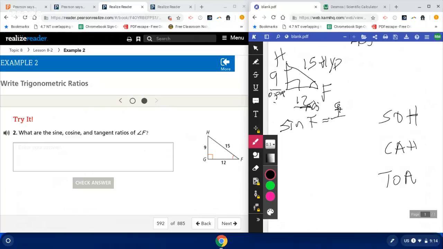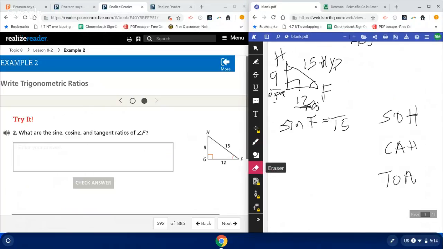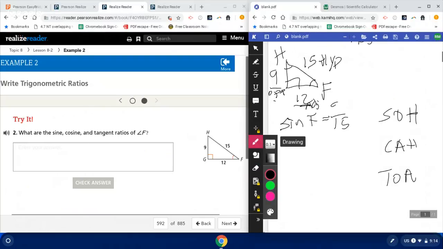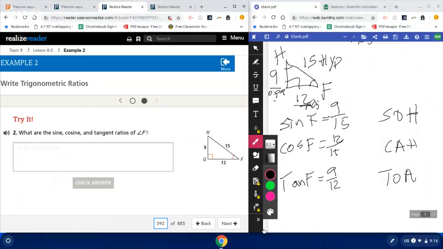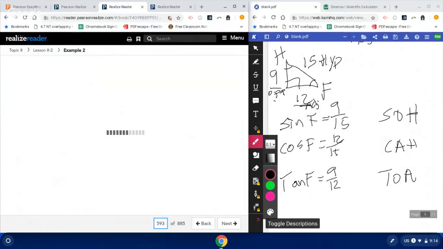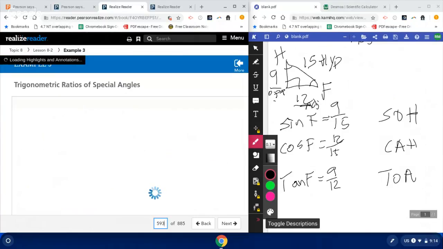Then cosine of F equals adjacent, which is 12, over hypotenuse. And finally, tangent of F equals opposite over adjacent. That's pretty standard, nothing too crazy yet.